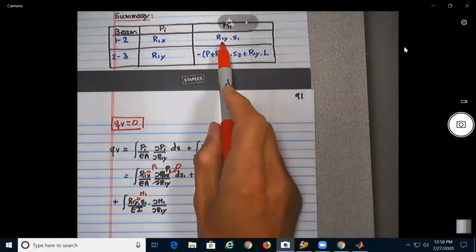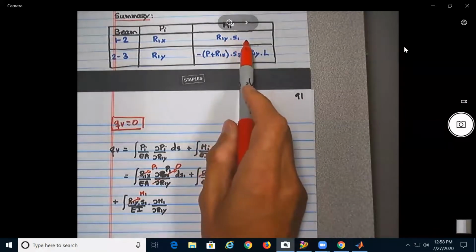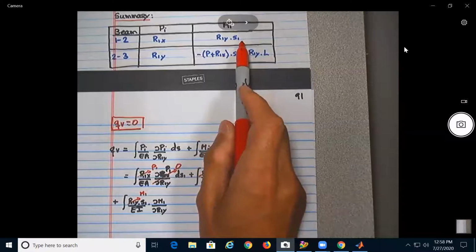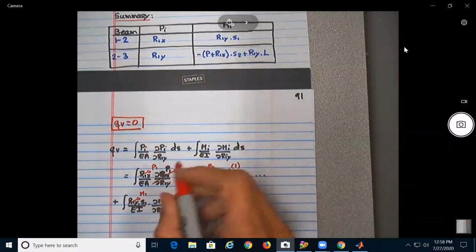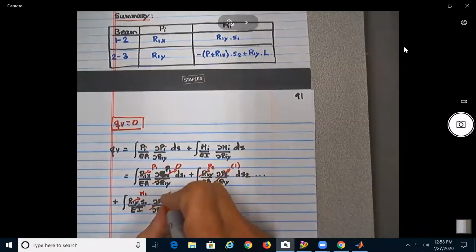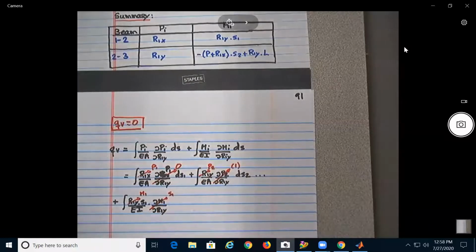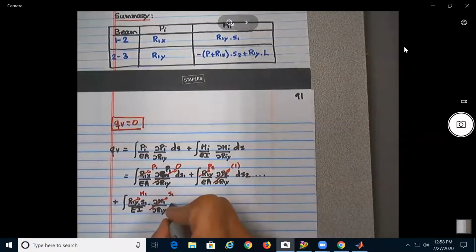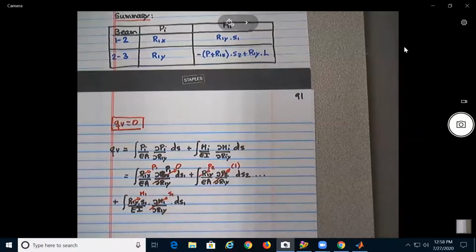M1 is R1y times S1. So you take the derivative of that, what will you get? S1. And this should be times ds1. Okay? Now we do the last term.